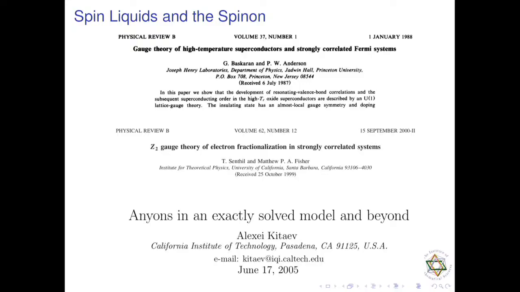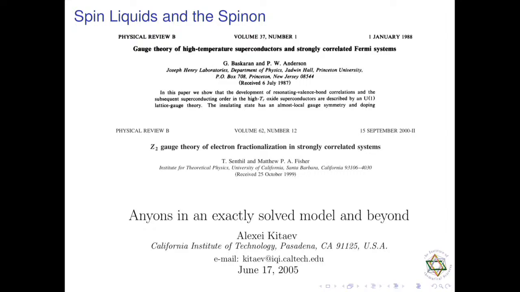Anyway, there was a lot of interest in frustrated antiferromagnets after that time, and this concept of a spin liquid: a spin system which remains paramagnetic even at zero temperature. So this led to the idea of a spinon, a spin-half excitation in an antiferromagnet. In the paramagnetic phase, there's no spin, and there's an emergence of spin-half excitations.